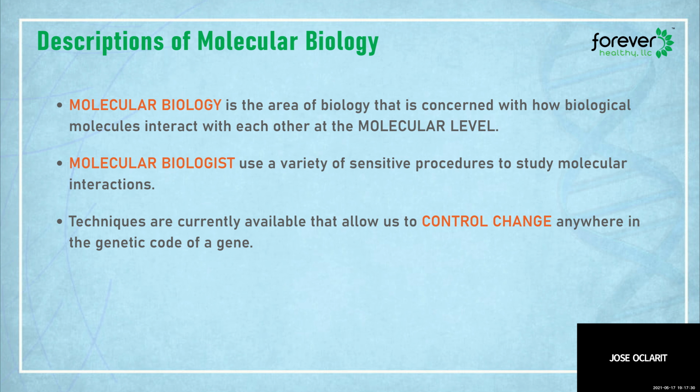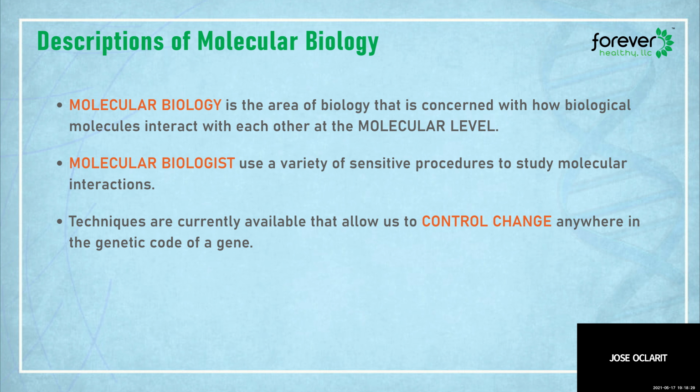So, descriptions of molecular biology. Molecular biology is the area of biology that is concerned with how biological molecules interact with each other at the molecular level. Molecular biologists use a variety of sensitive, very intricate procedures to study the molecular interactions.